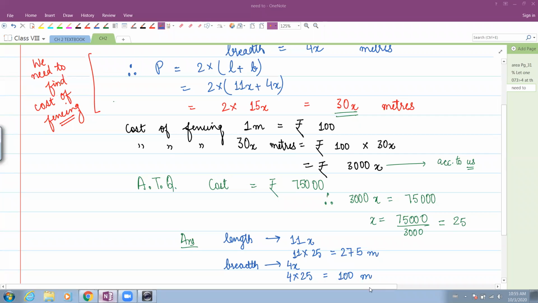Quickly find the perimeter and then the cost, and the answer will be 75,000. If you want, you can do it quickly on the rough work. If you want to calculate the perimeter, it is 2 times the length plus the breadth. So this will be 375 multiplied by 2. This will be 750 meters. And from here, find out the cost. So that means your answer is correct.